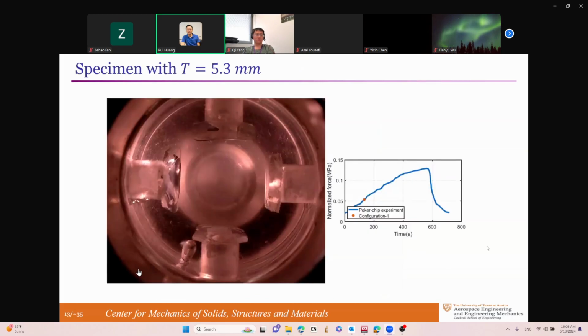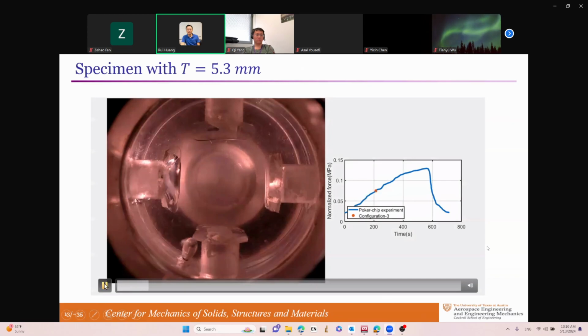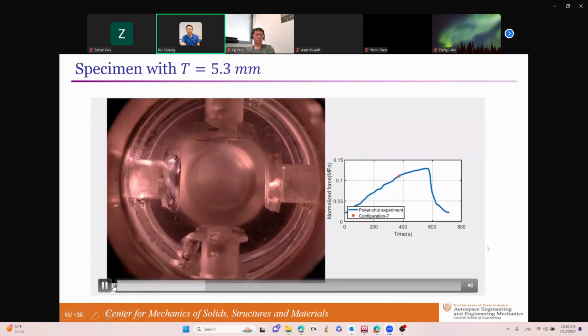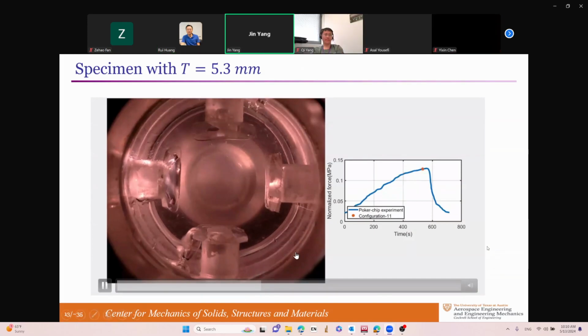Video play. So there's the mid-plane waisting. Load is increasing. And there's a critical point.